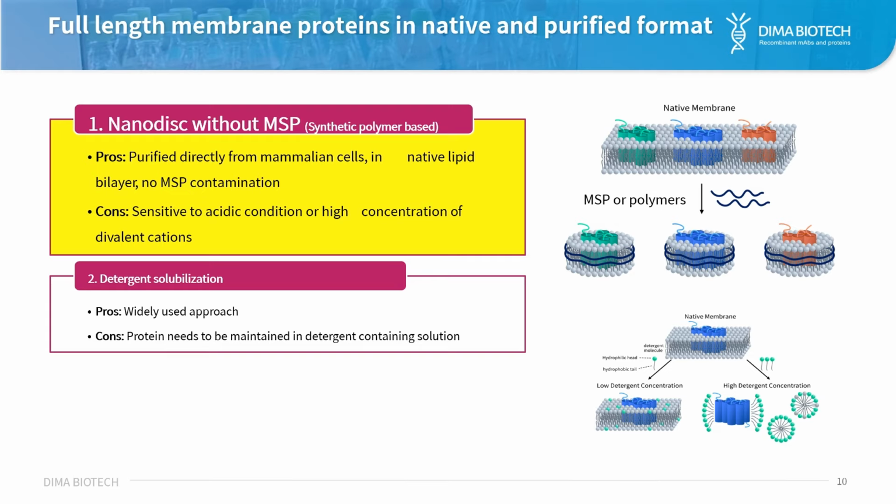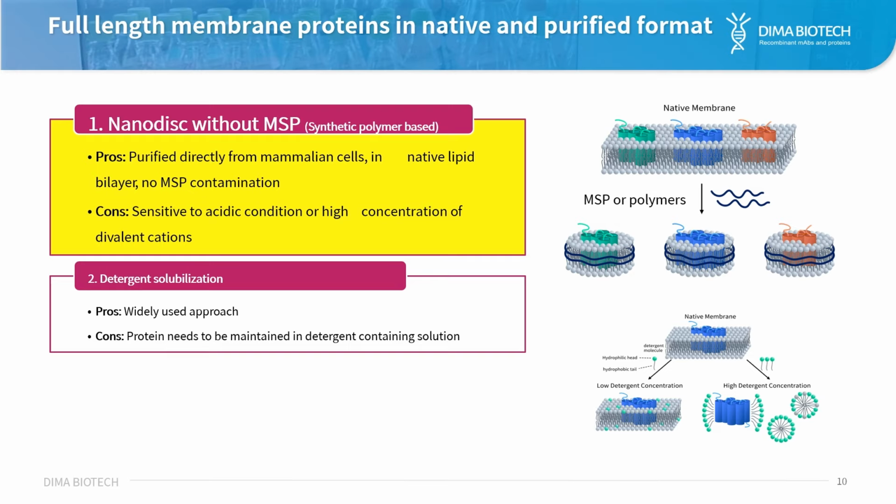In the traditional approach, people use MSP protein to build the disc. MSP forms a belt around the lipid bilayer, which forms a water-soluble disc around 5 to 15 nanometers in diameter. The multi-transmembrane fraction of the protein is embedded in the lipid bilayer, and it contains both extracellular and intracellular parts on the disc. The disc is very close to the native format of the cell membrane, but it is small enough to carry only the target protein.